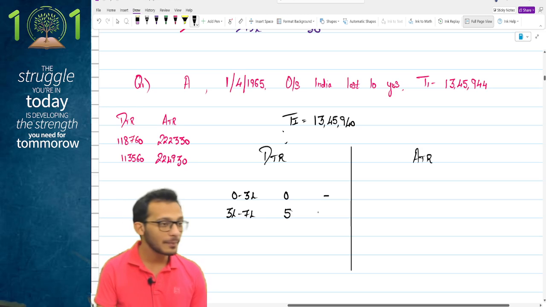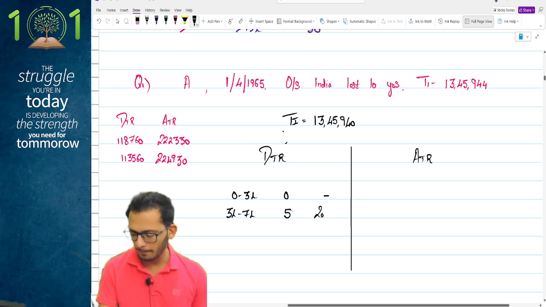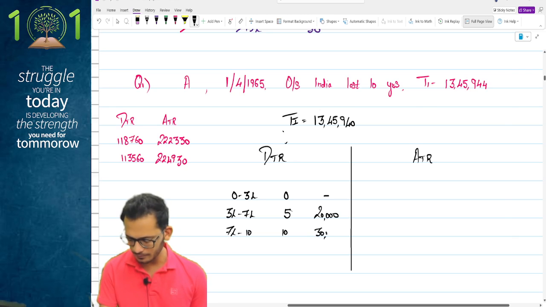The number is 20,000. Then 7 lakhs to 10 lakhs, the number is 30,000.